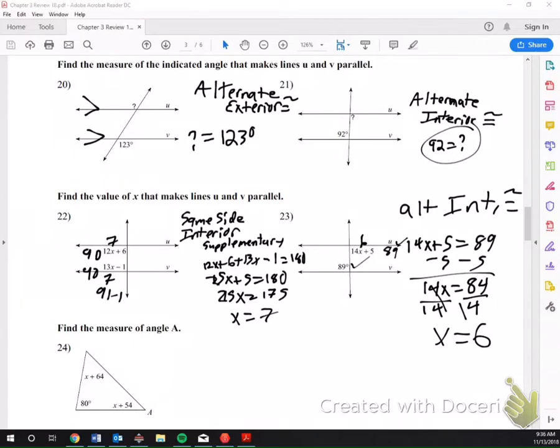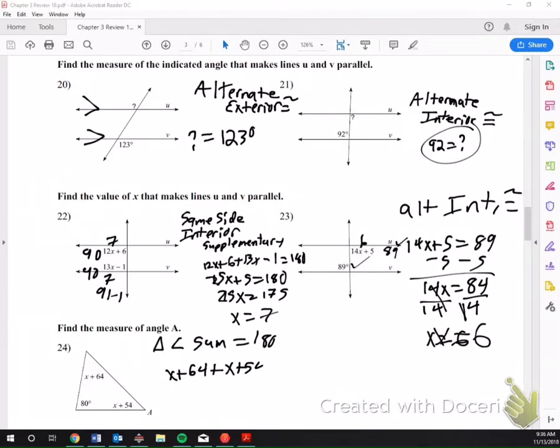Okay, moving on. Now 24, what we're going to do is we're going to use the Triangle Angle Sum Theorem, which is just fun to write. The triangle angle sum theorem says that the interior angles of a triangle must add up to 180 degrees.